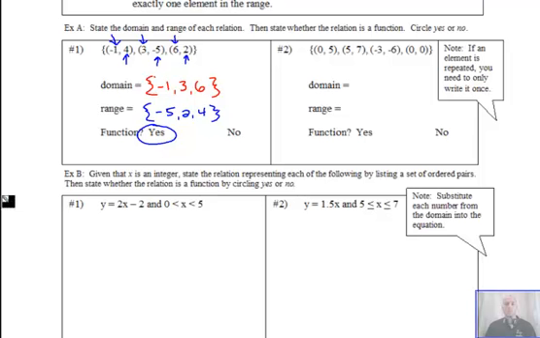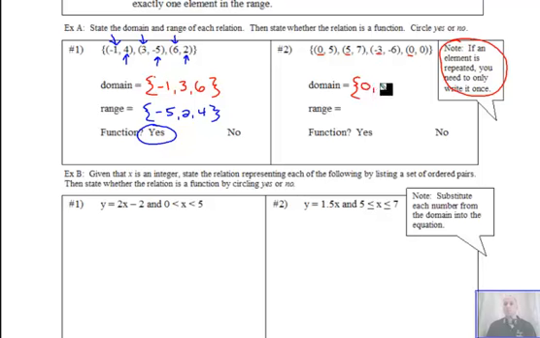Let's look at number 2 here. State the domain. The domain is the set of x values. We have a 0, a 5, a -3, and a 0. This is where this note comes in. The 0 is repeated. So when you write the domain, you don't write 0 twice. Each element should only be named once.